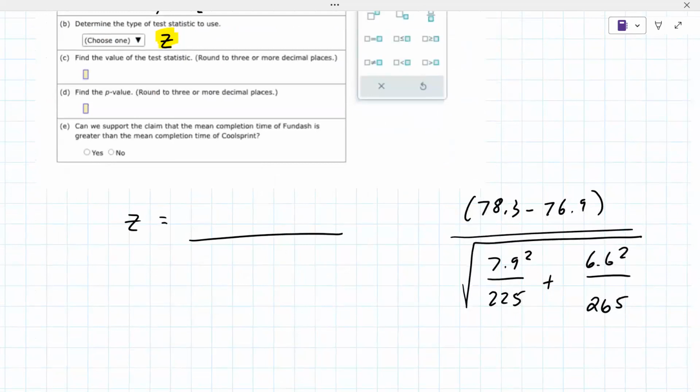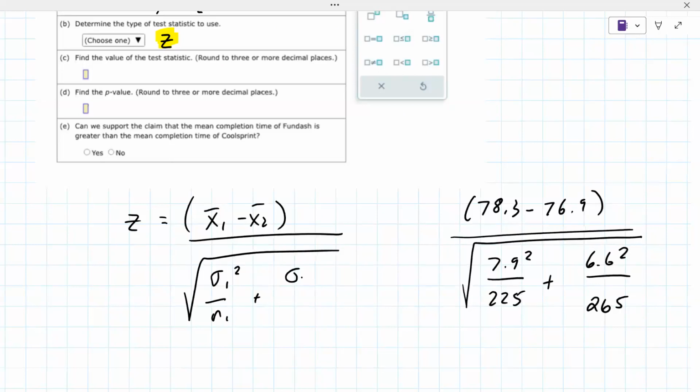It's x bar 1 minus x bar 2 over the square root of sigma 1 squared over n1 plus sigma 2 squared over n2. So we do that calculation.